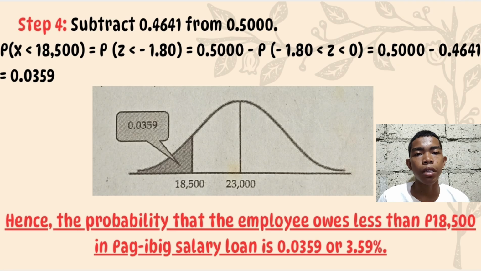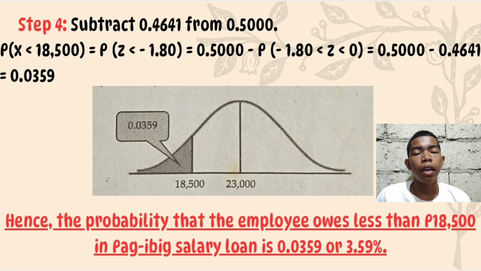Step 4 is to subtract 0.4641 from 0.5000. So P(x < 18,500) = P(z < negative 1.80) = 0.5000 minus P(negative 1.80 < z < 0) = 0.5000 minus 0.4641 = 0.0359.